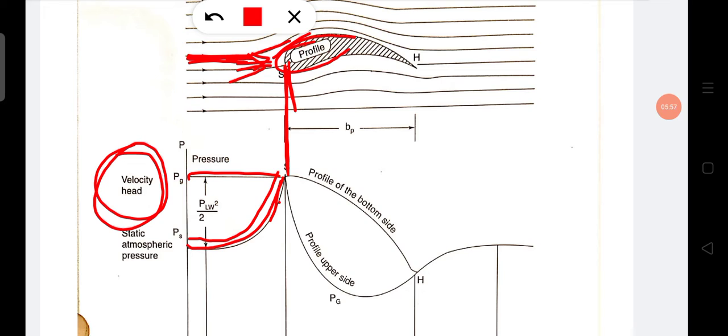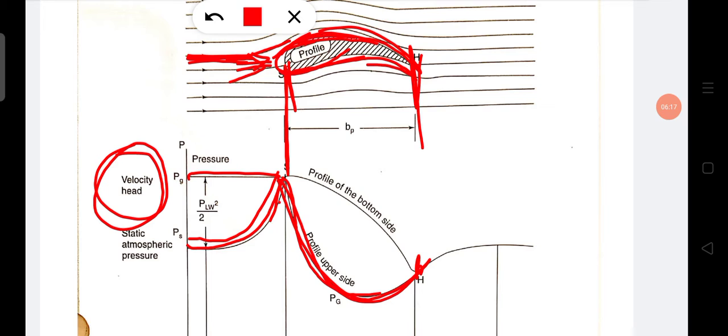This is for the upward side of the profile. Here the pressure decreases up to point H. At that time the pressure decreases slightly on the downward side, but not like the upward side.